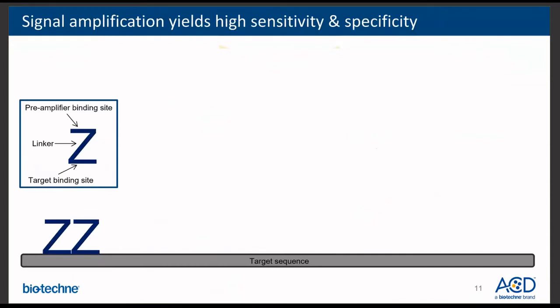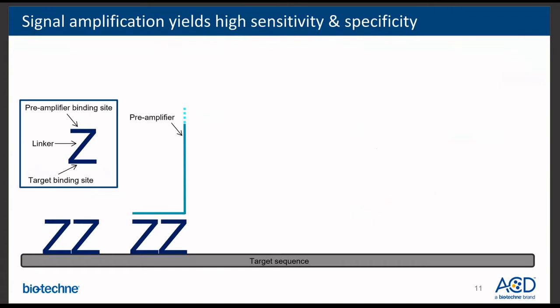Okay, so diving a little deeper into the probe sensitivity and specificity, this is what I was telling you guys before. This diagram on the left side depicts how the linker sits in between the pre-amplifier binding site and the target binding site. The pre-amplifier binds to the top of the ZZ pairs, and then it binds the amplifiers as well.